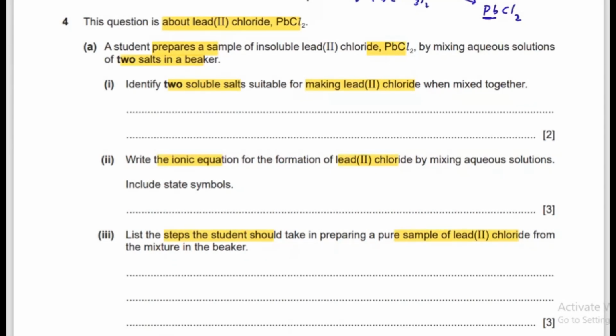Then all group 1 salts are soluble, so pick the group 1 salt of chloride, sodium chloride. So to get insoluble lead 2 chloride, the two soluble salts are lead 2 nitrate and sodium chloride.